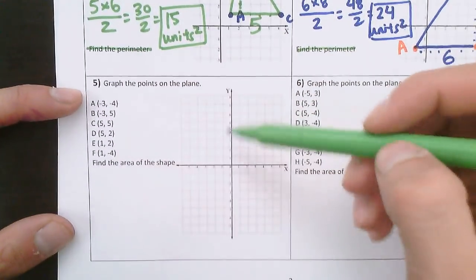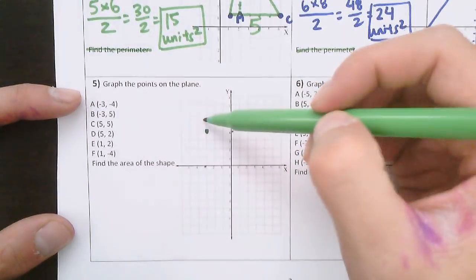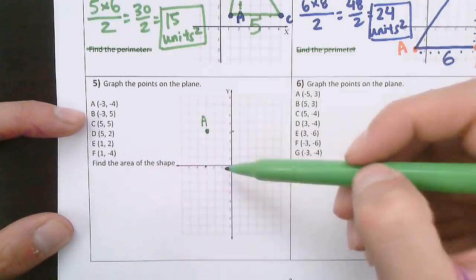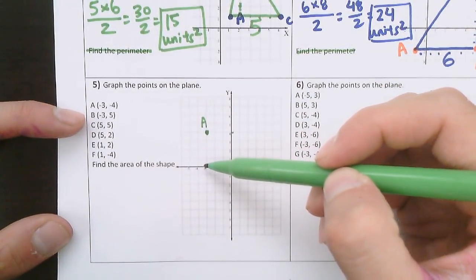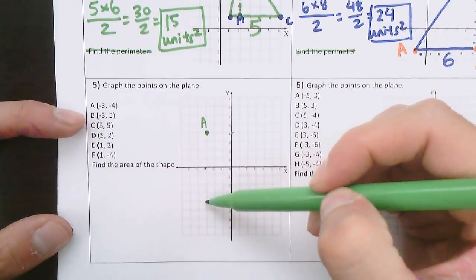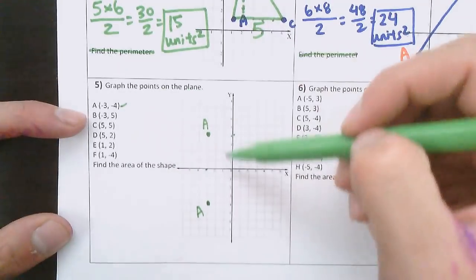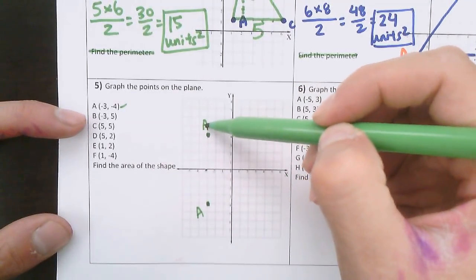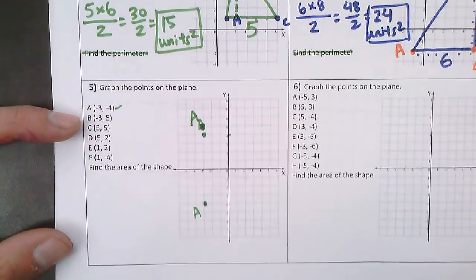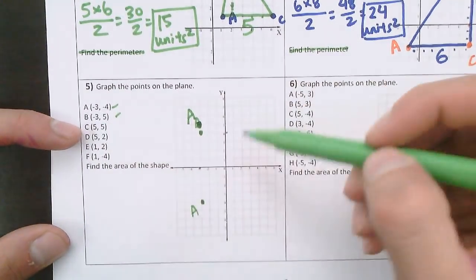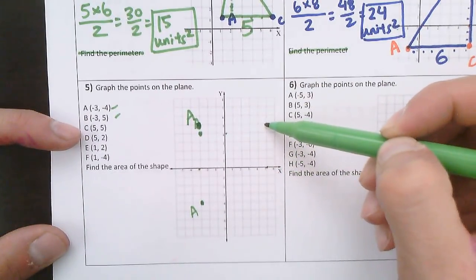A is -3, -4. So we're going to go to the left 3 and then up 4. So here's A. B is -3, which is here. Oops, I'm sorry. -3, -4 is down here. Here is where A should be. B is -3, 5. So sorry, A should be right there. C is 5, 5. So 5 to the right, up 5 here.